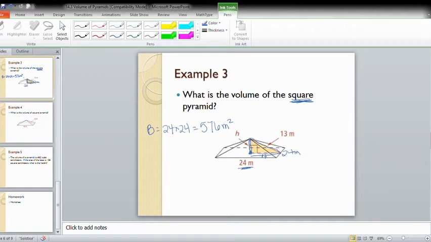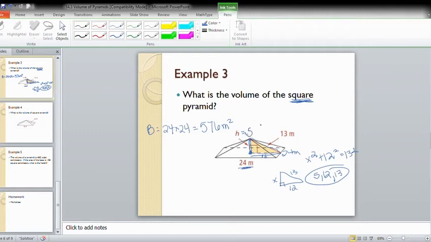And so now I have a right triangle with one of my legs as 12, my hypotenuse is 13, and you can either do Pythag, x squared plus 12 squared equals 13 squared, or if you're smart, you memorized your families, and this is a 5, 12, 13 family. So our height is going to be 5.